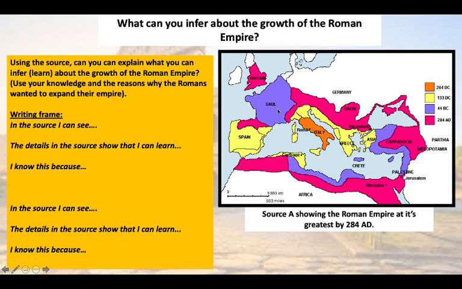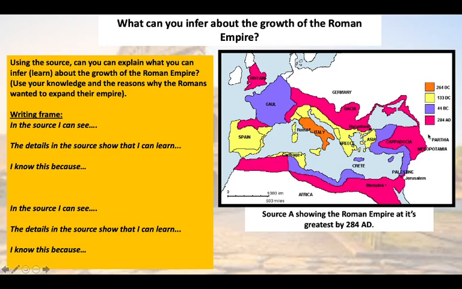Now we know it as France. So Gaul was just another name for France. And you can see here with these colours that the Romans have taken quite a large part of Europe, and they've taken a large part of Asia or the Middle East at this point.